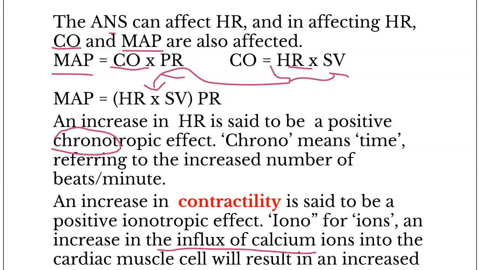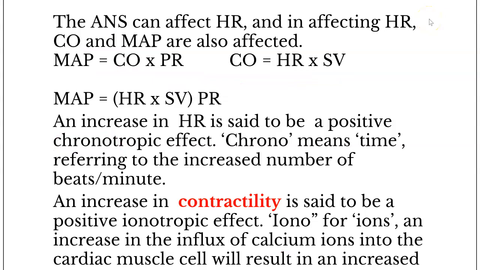Remember from last semester, chapter 9 on muscle physiology, calcium was the ion that made possible the cross bridges in the sarcomere that created muscle contraction between myosin and actin. So calcium ions are needed to increase contractility of the heart.